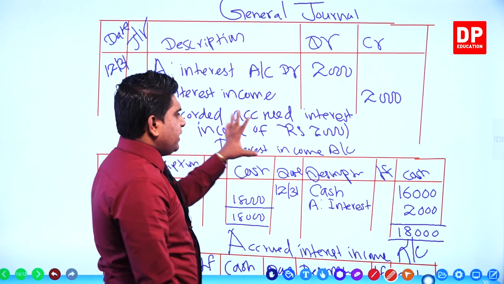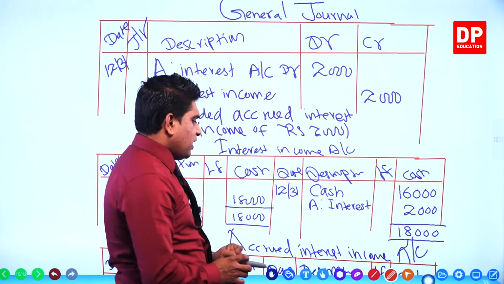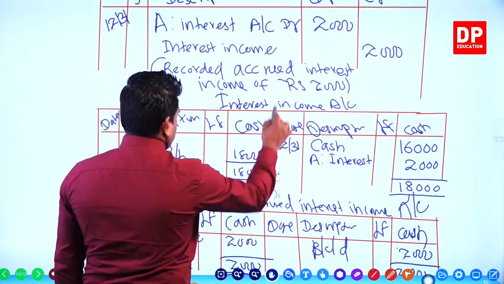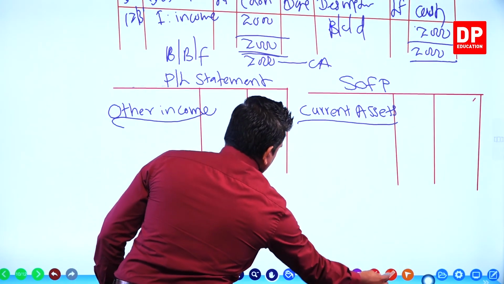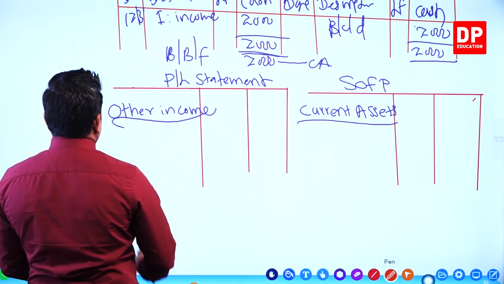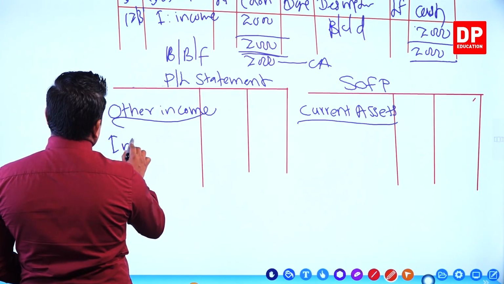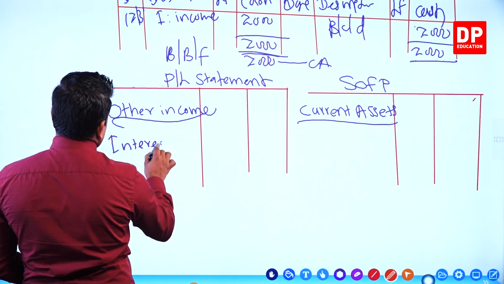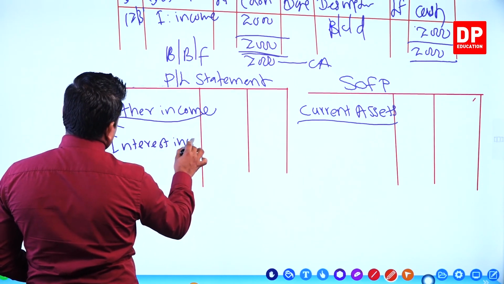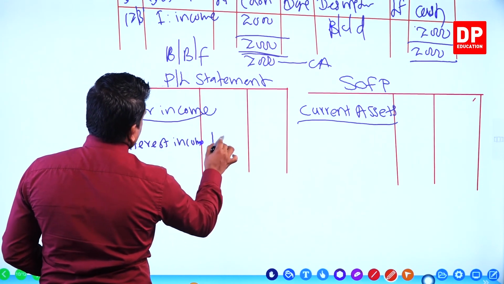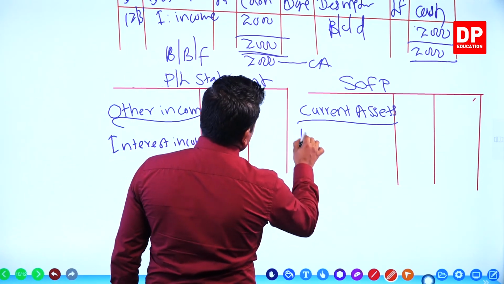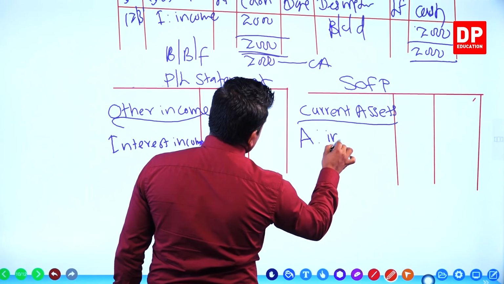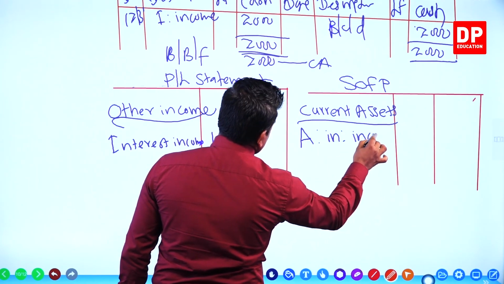Now we can enter the details to the profit and loss and statement of financial position, right? Profit and loss statement, how much do you enter? The total interest, how much? Interest income 18,000. Under the current assets, accrued interest income, how much?